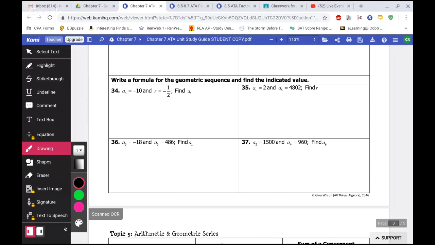All right. So we're supposed to write a formula for the geometric sequence and then find the indicated value. So once again, up here, I'm going to go ahead and write the formula for a geometric sequence so we kind of know what we're working with.